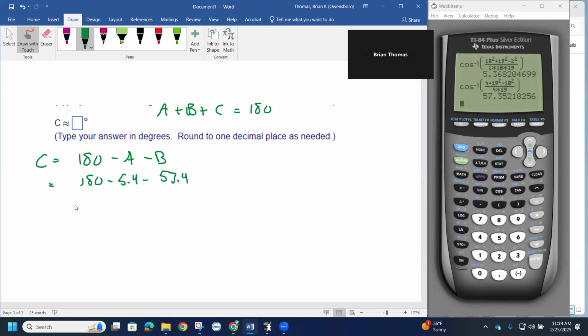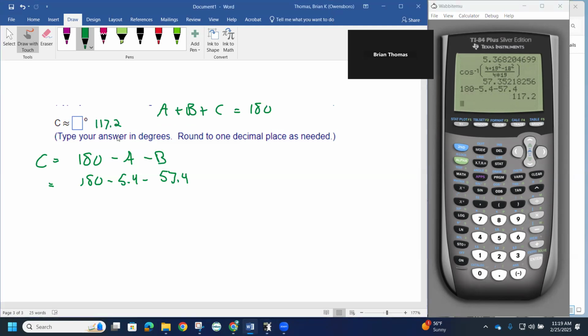So we don't have to use the law of cosines a third time. Since we know two angles, we can subtract those two angles from 180 to find the missing third angle. So if I type in then 180 minus the 5.4 minus the 57.4, that'll give us the 117.2 degrees.